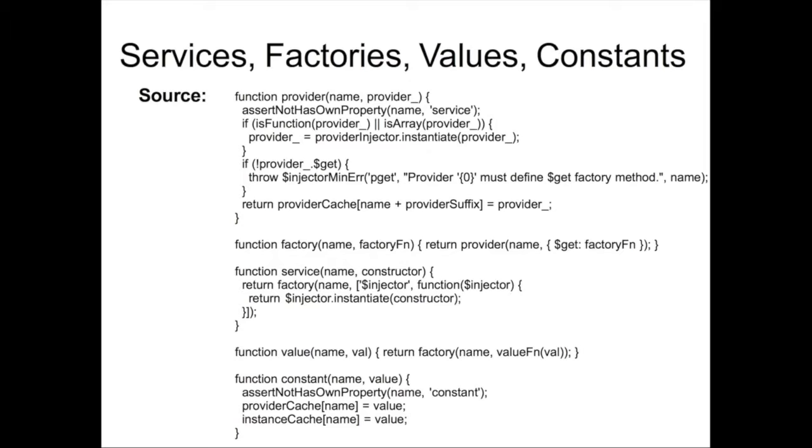This is the provider function. That's all there is to it. Here's the factory function. Here's the service function. And notice within the service function, it's actually calling factory. So the only difference is that it's instantiating the constructor given to it. Value, constant, that's all those things right there. I took that yesterday. Basically, bottom line is they're all providers.